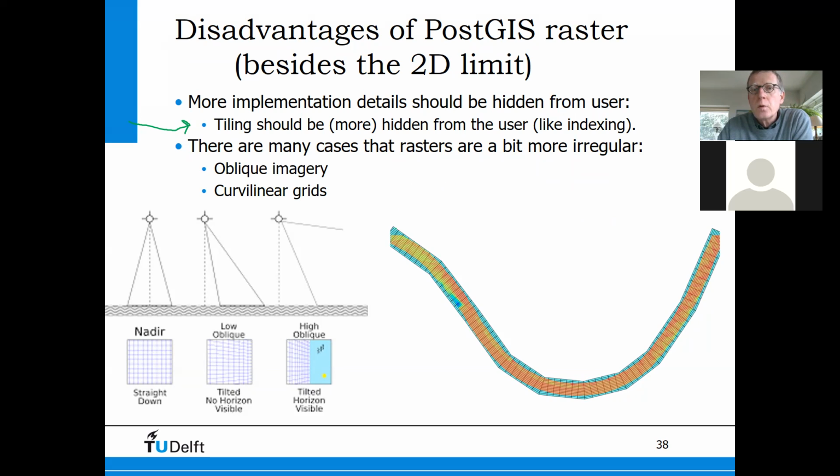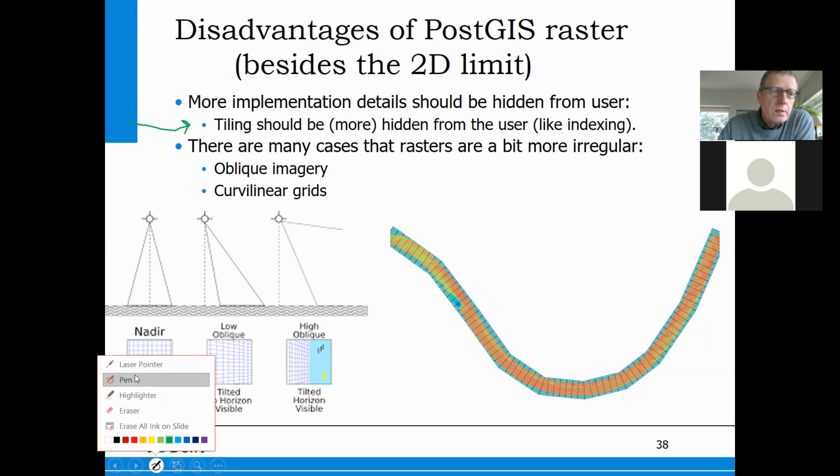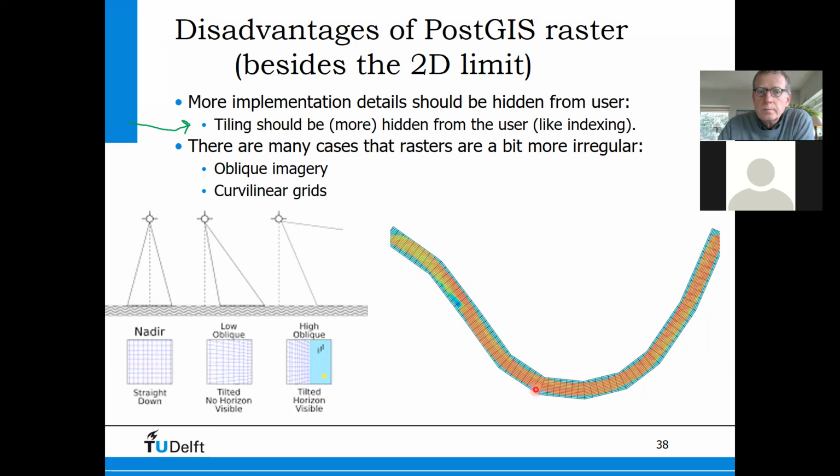And what is not supported very well is grids like the one that is depicted here at the bottom right side, over here, which is used quite often in modeling in rivers in hydrology.